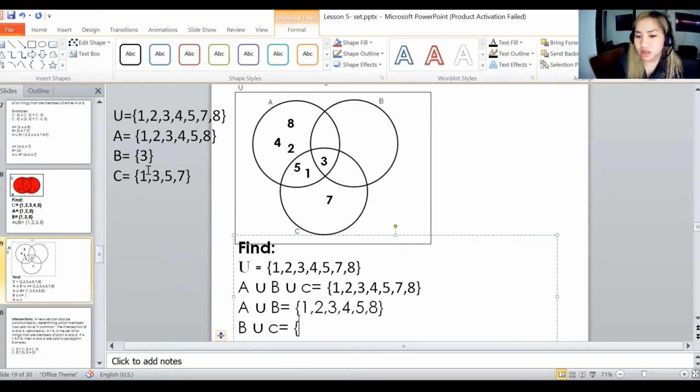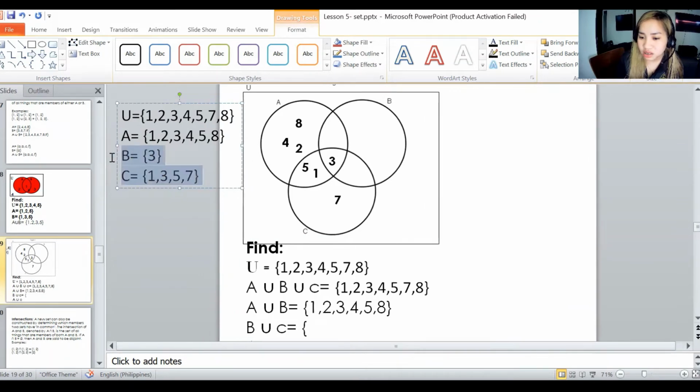Dito naman tayo sa next. Set B tsaka set C. Pagsasamahin po ang set B tsaka set C. Again, merong 3 or merong element na 3 dito sa C natin, pero as 1 lang siya ilalagay. Unahin natin yung maliit na elements sa B at C. So, lagay natin yung 1. Next, may 2 po ba? Wala.